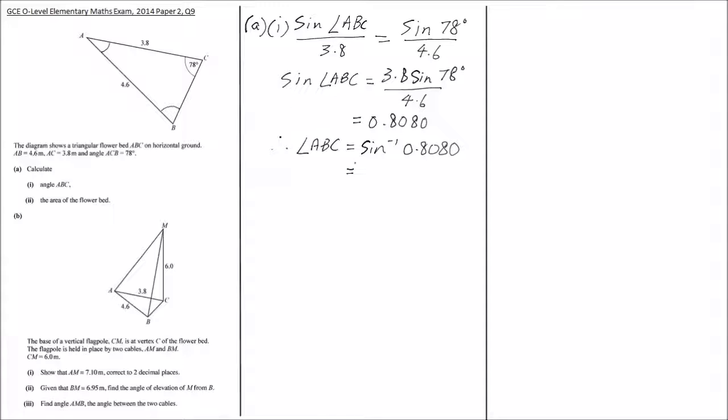That should give us the angle 53.904 degrees. When rounded to one decimal place, the answer is 53.9 degrees. In exams, your answers for angles should normally be given to one decimal place, unless otherwise stated.